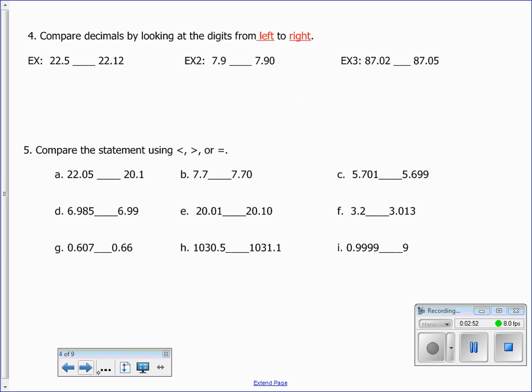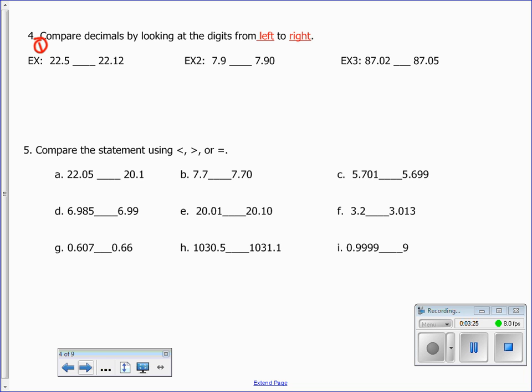All right, now you'll be asked to compare decimals by looking at the digits from the left to the right. So you're going to compare them. In these 3 examples, you're going to compare: is one greater than, less than, or equal to the other. So let's look at example 1. We have 22 and 5/10 compared to 22 and 12/100.